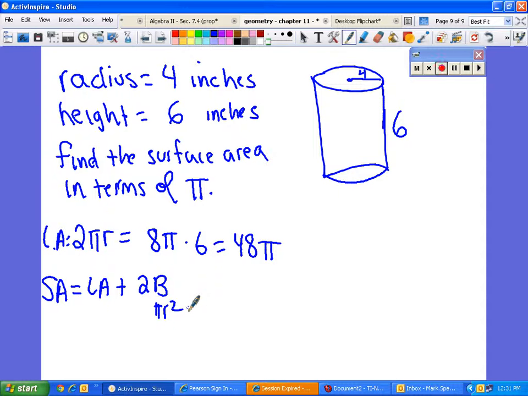The radius is 4, so the radius squared is 16. 16 times 2 is 32. So my lateral area was 48 pi, and I add 32 pi. So that means that my surface area is 80 pi square inches.